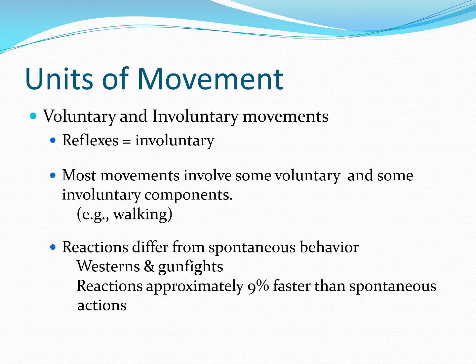Well, it looks like the person who is reacting to the other person, so not the one who's initiating that spontaneous behavior, is approximately 9% faster than the one who is initiating the spontaneous action. So it does work out for our old Westerns if you're into that kind of thing.